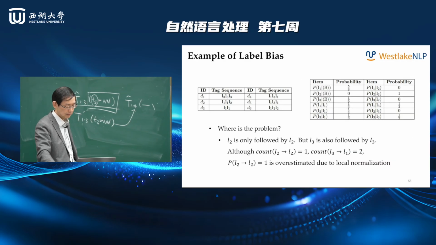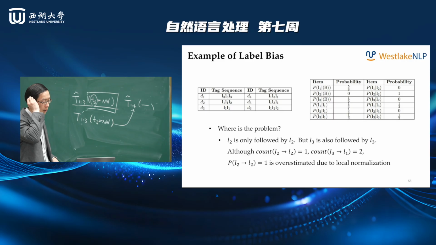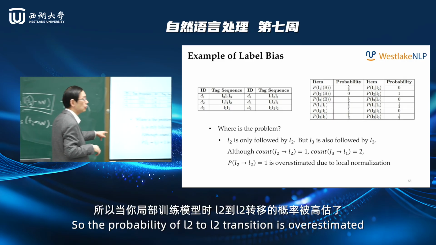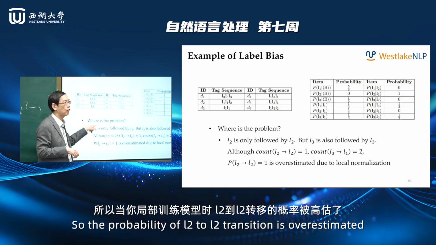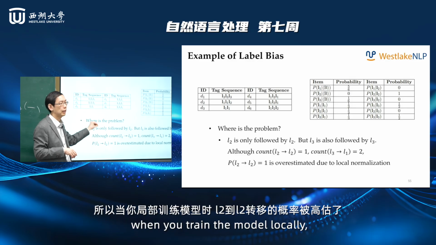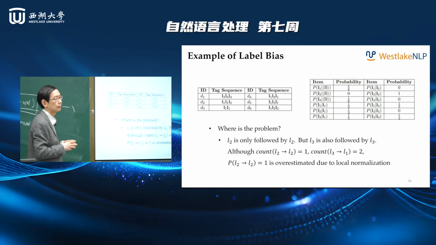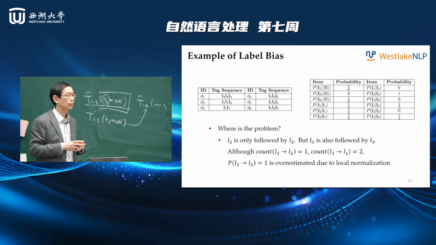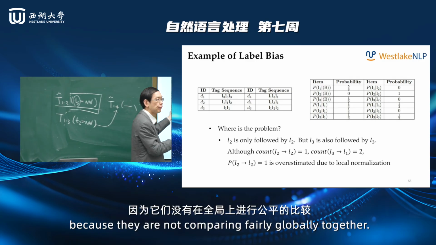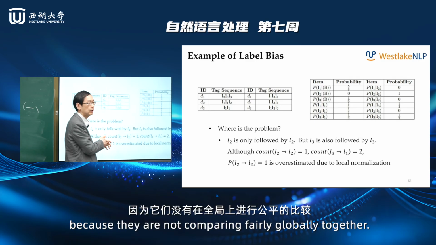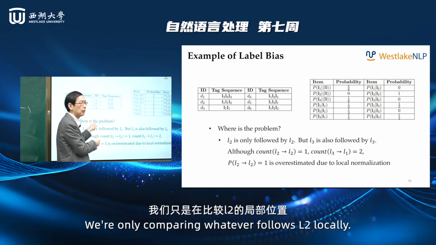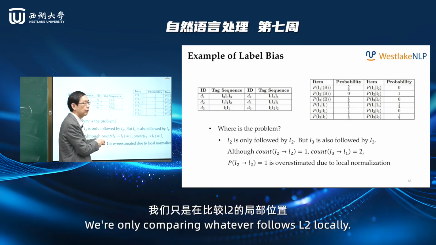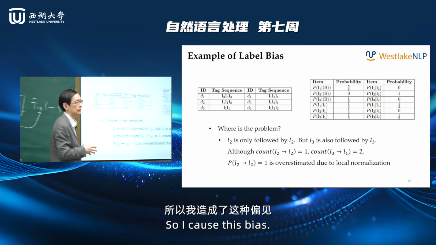All right. So the probability of the L2 to L2 transition is overestimated when you train the model locally, because they are not compared fairly and globally together. We're only comparing whatever follows L2 locally, so this causes the bias.